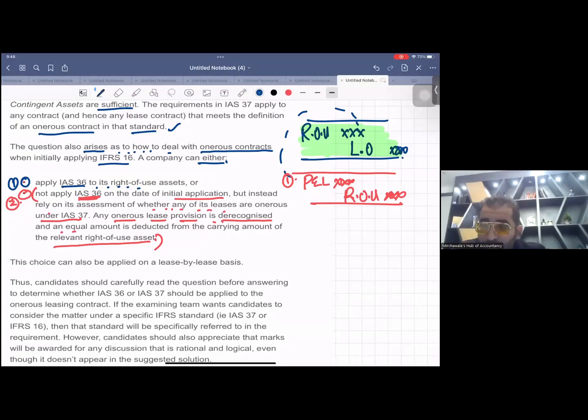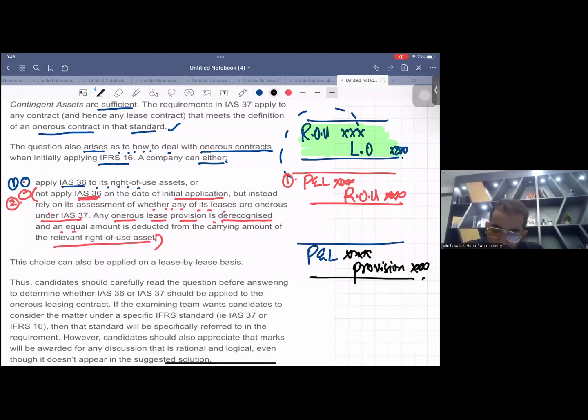And you know, onerous contract is part of IAS 37, and an onerous contract is a provision. So you calculate the onerous contract provision and make this entry: P&L debit and provision credit. First make this entry.